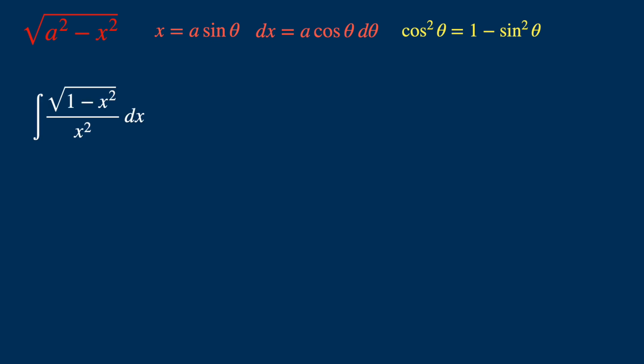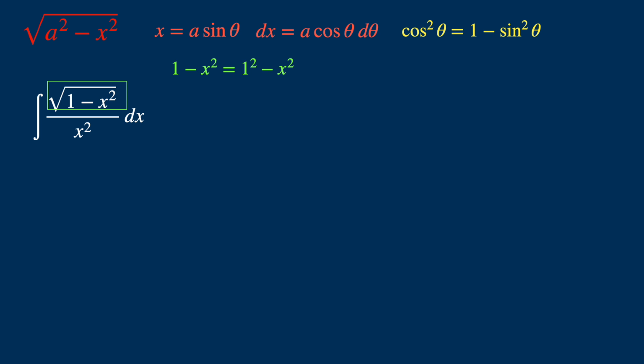So take the integral of the square root of 1 minus x squared over x squared. Any method we learned does not work for this indefinite integral. So we use trigonometric substitution because that's 1 minus x squared there.